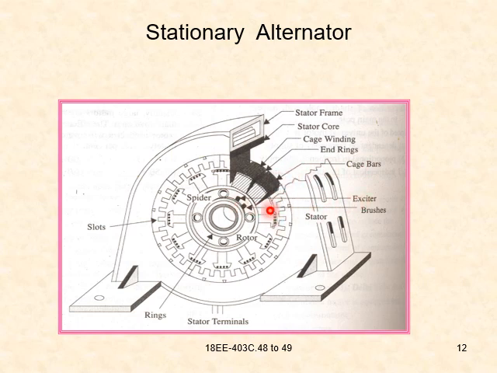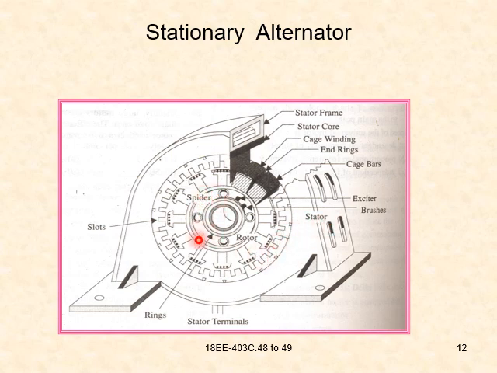This is an exciter to provide field excitation, and the brushes. This is the stator. These are the stator slots, which are on the inner periphery of it, and which are of open type. You can observe there are open type slots of the stator.